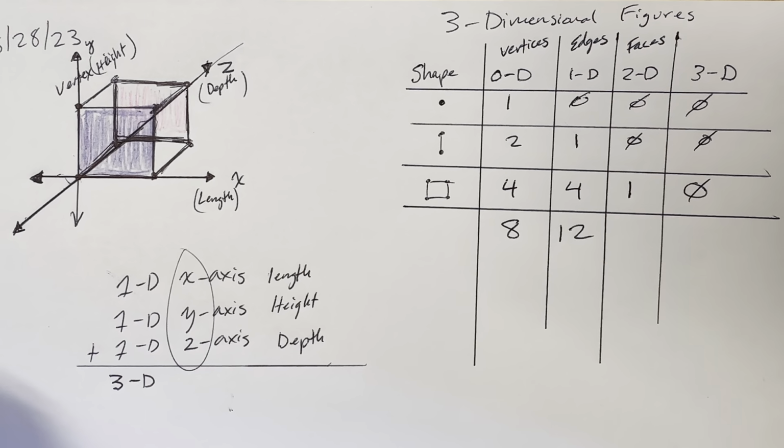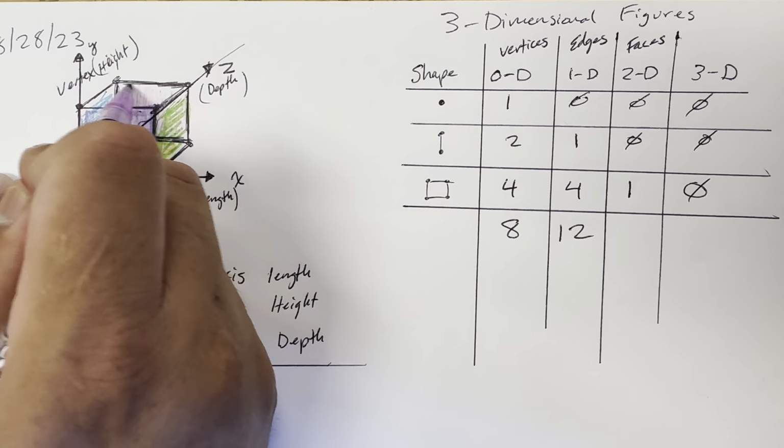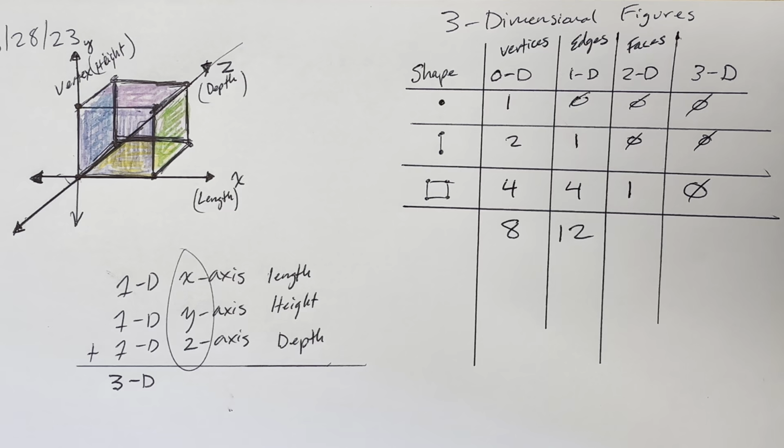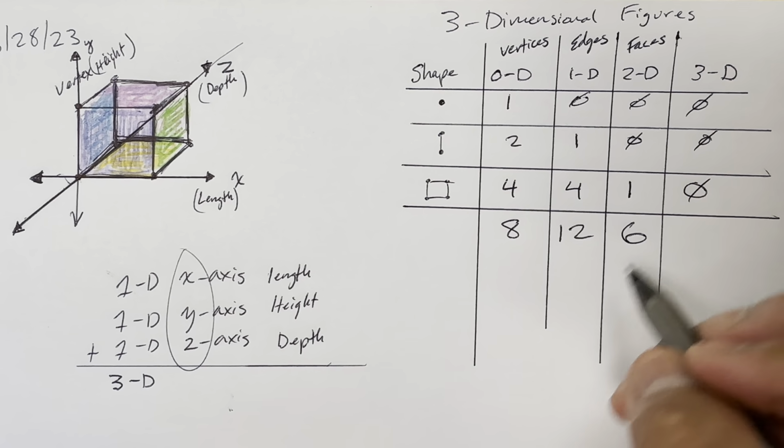We have another face on the left side, another face on the right, another face on the very bottom, and one more face way up top. So how many faces do we have? Well, my friends, we have 6 faces.